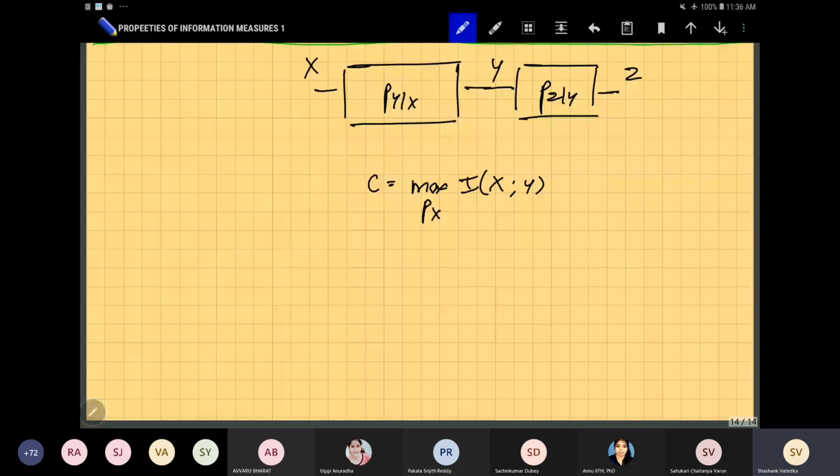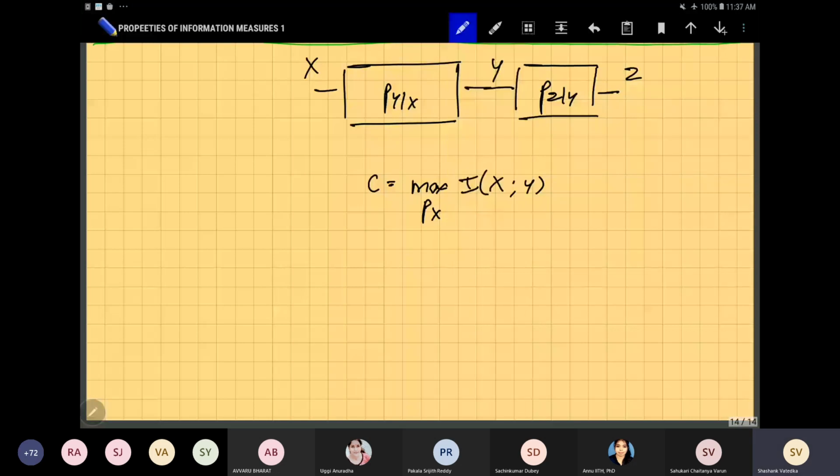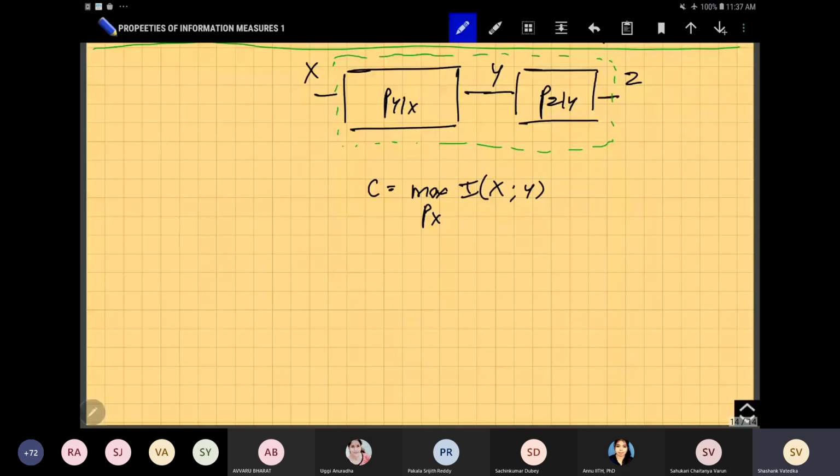So effectively, the effective channel becomes Pz given Y. And the capacity of this channel from X to Z would be C prime, which is the max over all possible Px of I of XZ. Correct?